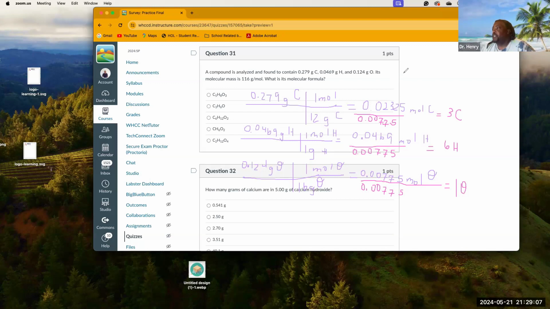Okay, so our empirical formula is going to be C3H6O.